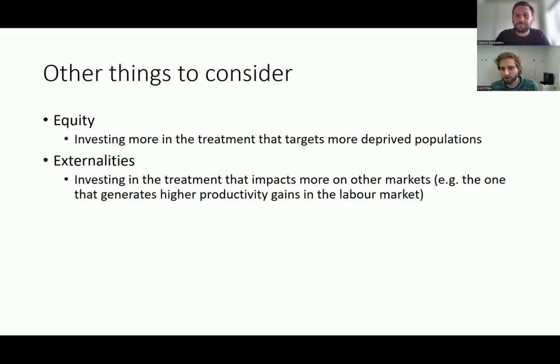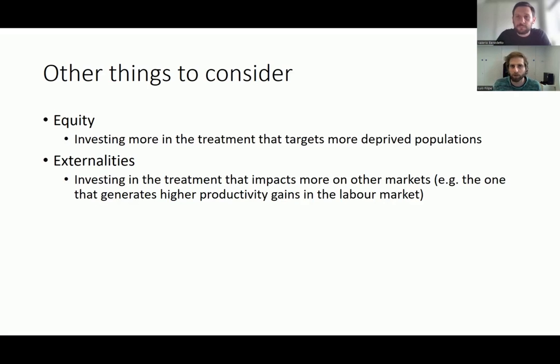And also you may want to think about externalities, because externalities are what we call things that are not directly in the market, but are indirectly related to the market. So let's say that treating a specific type of people is not as efficient as treating another, but let's say that it has more impacts on other markets, such as the labor market.